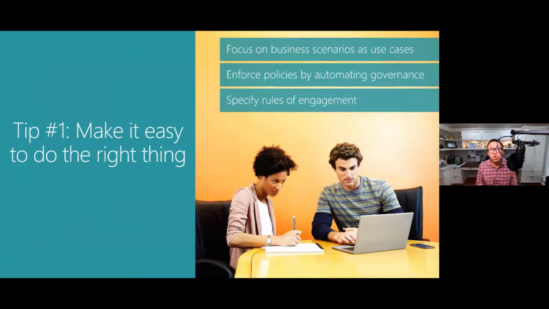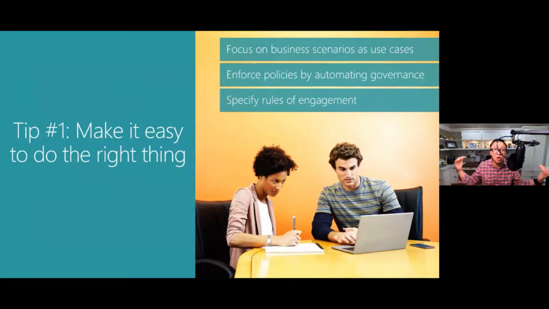Instead of generic, oh, you know, here's a team, here's a channel, here's a tab, focus on use cases such as project management, marketing, sales. How can they leverage Teams for that purpose? Number 2, enforce policies by automating governance. We talked about that already at length, right?